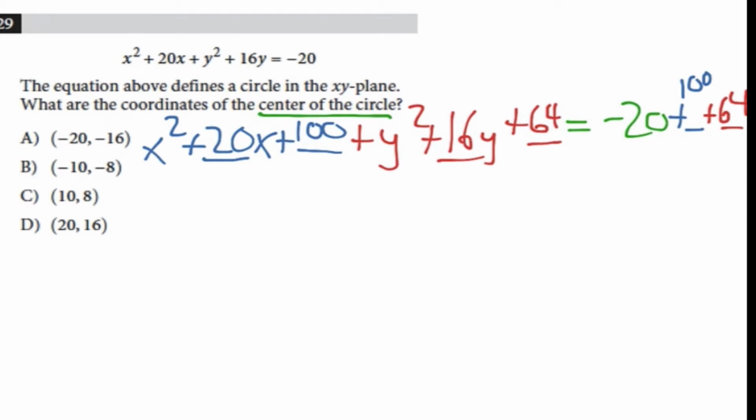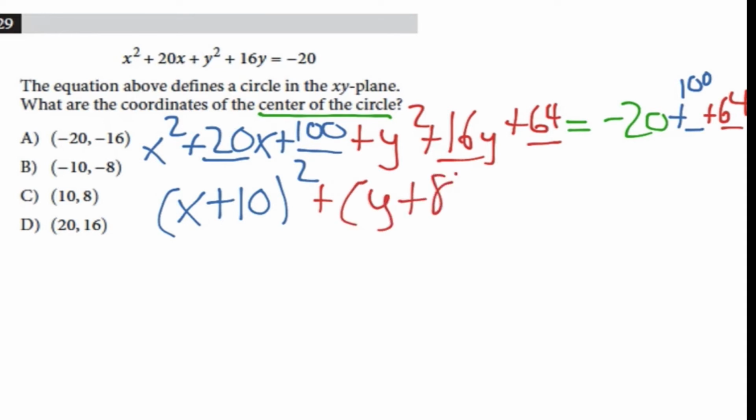Now we can simplify these down a little bit. X squared plus 20x plus 100 can be simplified to x plus 10 squared. Y squared plus 16y plus 64 can be simplified down to y plus 8 squared. -20 plus 100 plus 64 simplifies to positive 144.